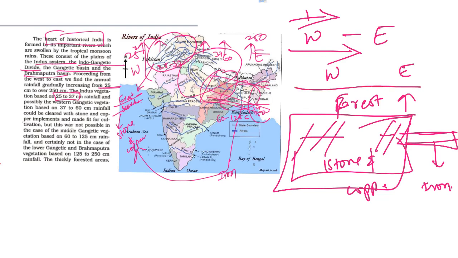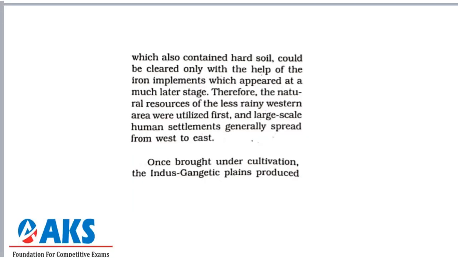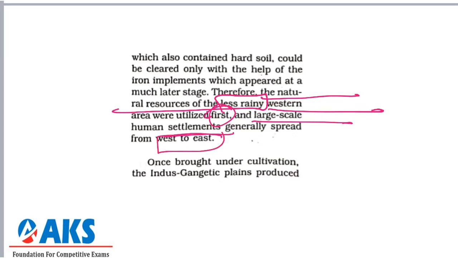It's because the rainfall also increases from west to east. Depending on the forest, we see the movement of people as well as the settlement of the people. So finally we can come to a conclusion that the natural resources of the less rainy western areas were utilized first, and large scale human settlements generally spread from west to east, right?